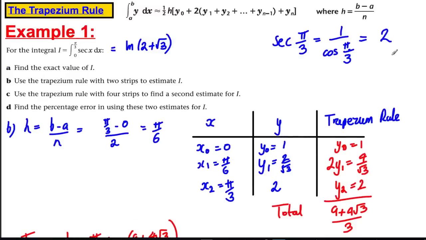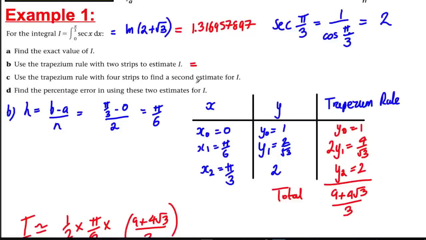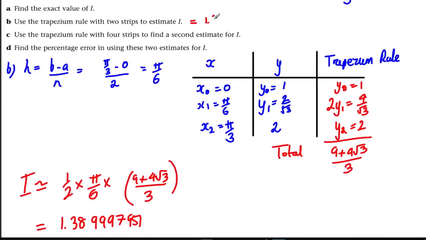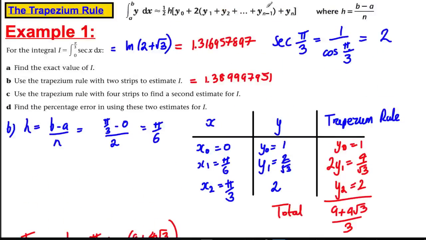Okay, now just comparing it to the answer for this, I never actually worked out what that was, as decimalized, that would be ln of 2 plus root 3, which is 1.316957897. And for part B then, our estimate so far is 1.389997951. Okay, so we've done part B.